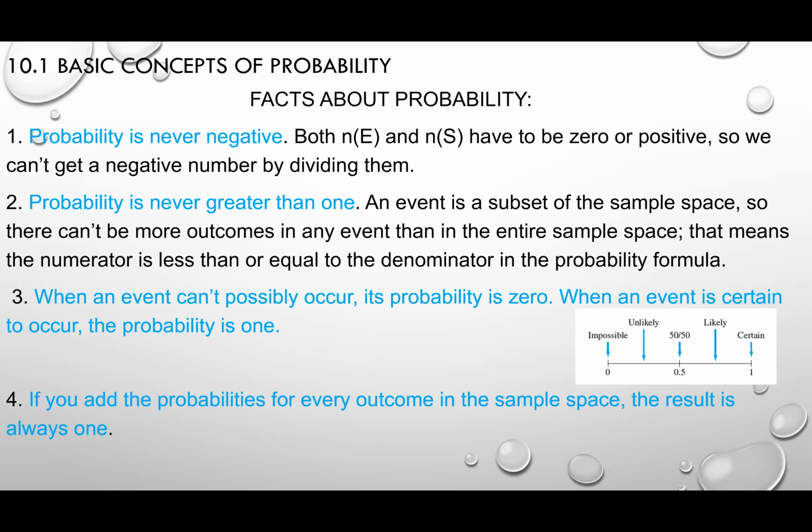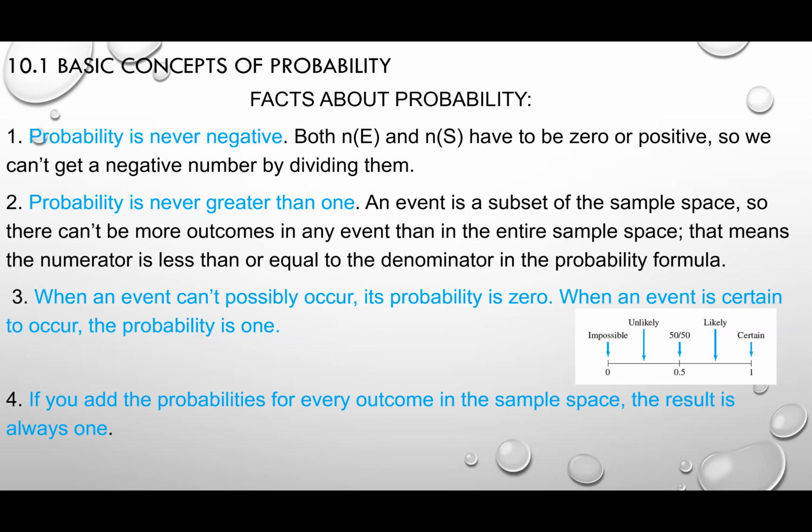Okay. And the last item is the sum of all probabilities. If you add all the probabilities together, it will be equal to 1. So again, this is just the properties of probability, based on our probability definition. You will never have a negative. You will never have bigger than 1.